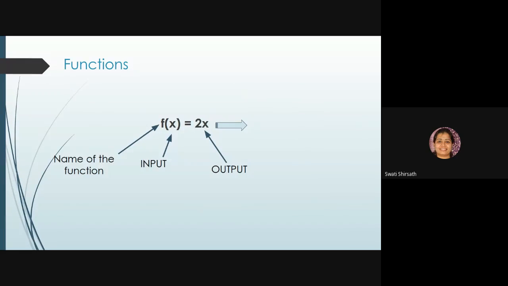So f of x is equal to x square, if we are considering, and the domain is the set of integers, then we can say that -1 and +1 are having the same output. Am I right? F of x is equal to x square and the domain is the set of integers, then +1 and -1 are having the same output.